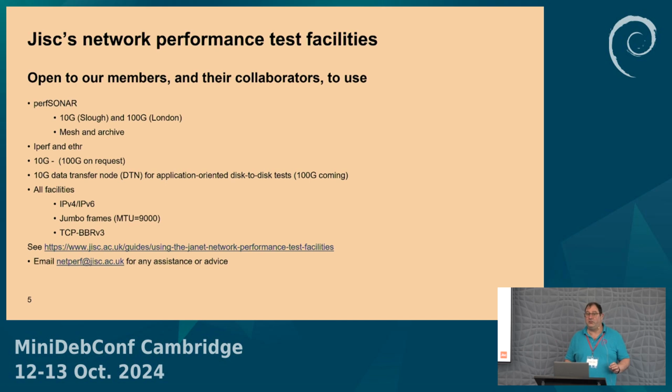So if you want to test against those, let us know. Everything's dual stack IPv4 and IPv6, and they're connected at an MTU of 9,000, so we can do jumbo frames. There's a link there to our performance test facilities webpage.